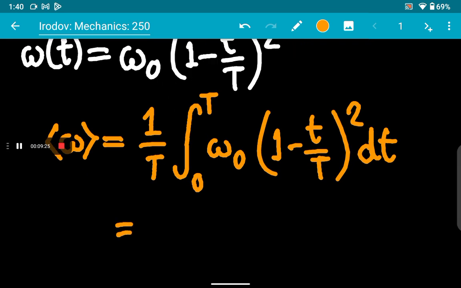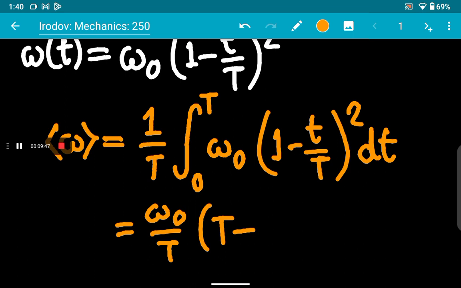Okay, so now let's just integrate and we are done. So I mean, this is just a simple integral. I have taken omega naught outside, so this will be t, and I am writing directly, you can check it for yourself.